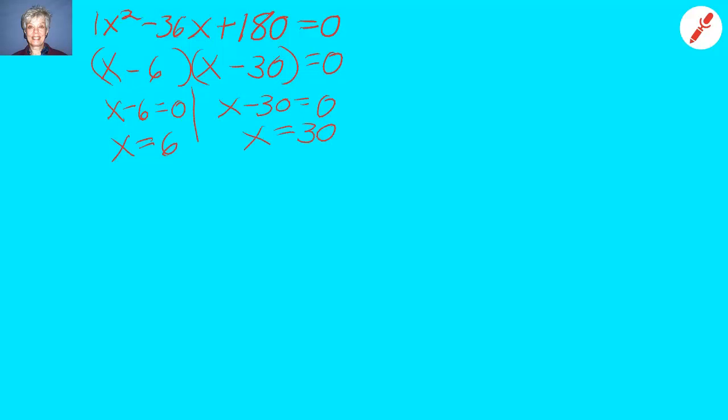Now recall that x is the length of the ladder. Now the ladder might be 6 feet long, and the ladder might be 30 feet long. Now let's stop and think. Since we have a triangle where this is the length of the ladder, x, this is x minus 12, and this is x minus 6.